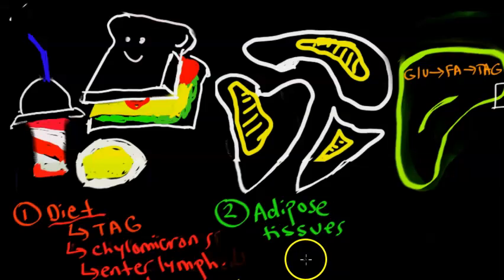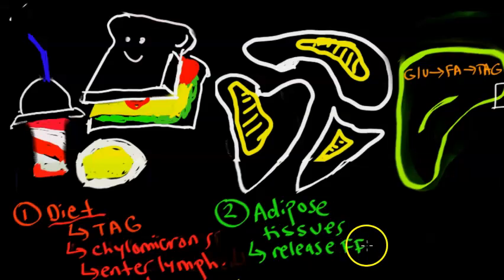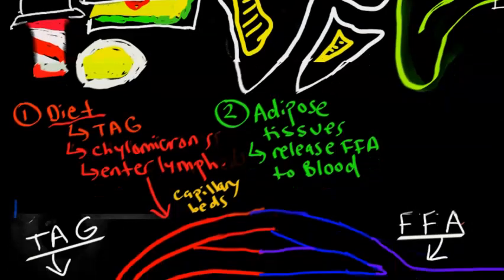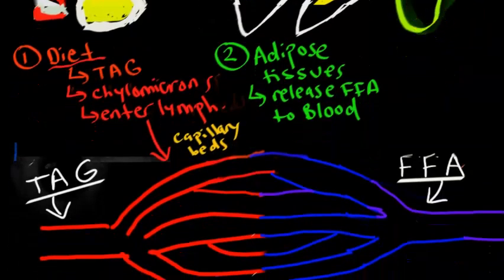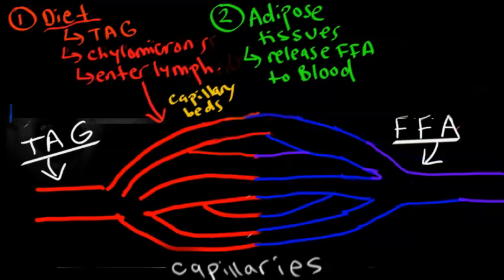And when insulin levels are low and glucagon is high, they can actually release free fatty acids into the bloodstream. When insulin is high, they store free fatty acids as triacyl glyceride, and when insulin levels are low, they release them, and so you get free fatty acids into the bloodstream. So we get the exact same result as we had above. So again, we get these into the bloodstream.